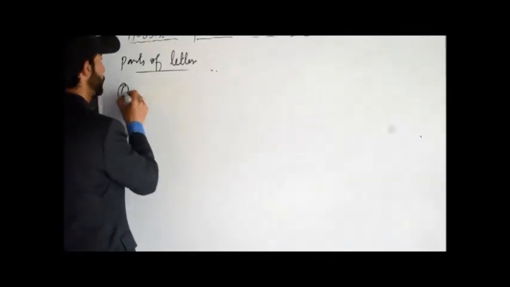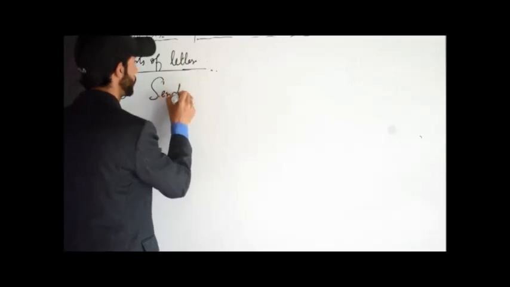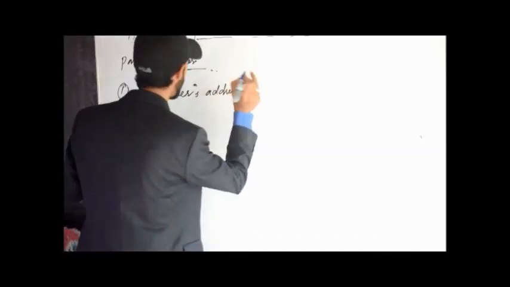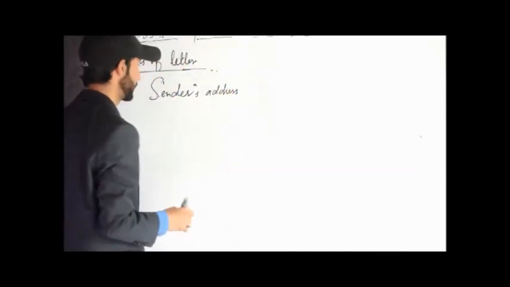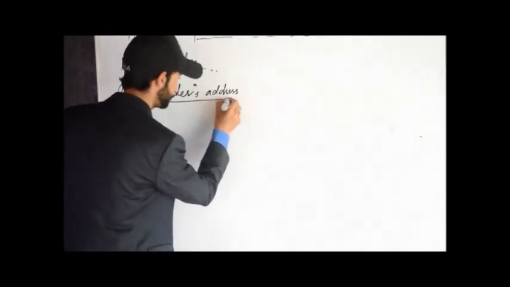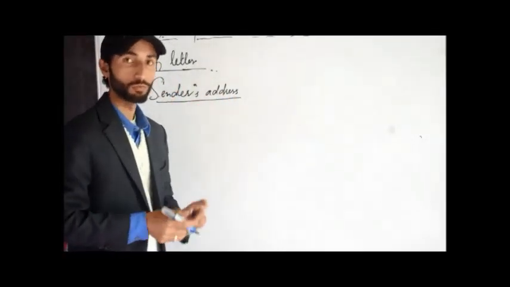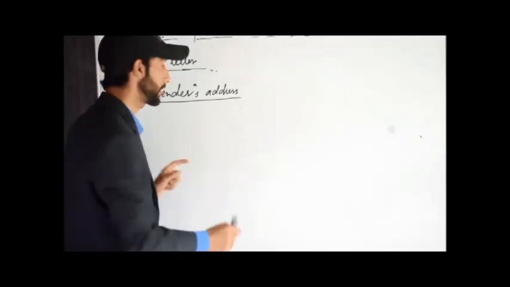First of all, I talked about sender's address. As you know, the first part of a letter, formal as well as informal, is the sender's address or from address. This is the heading part. In a formal letter, it's very important. We write sender's address in block style.